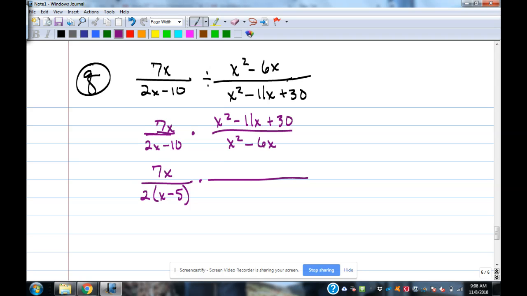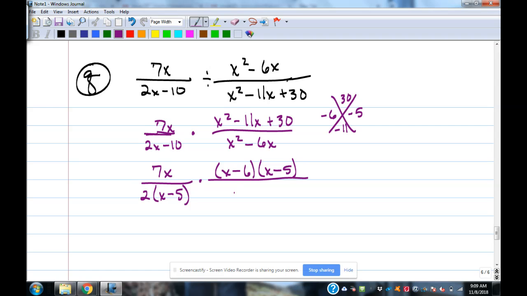Numerator. x squared minus 11x plus 30. X method, multiplied by 30, had to be negative 11. Negative 6, negative 5. Can I use a shortcut? Yeah. X minus 6, x minus 5. Denominator.